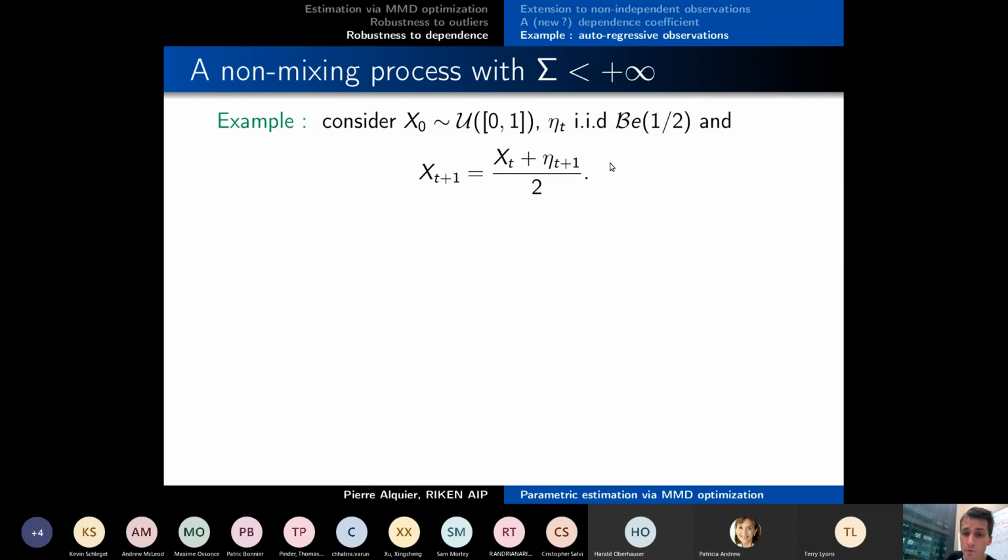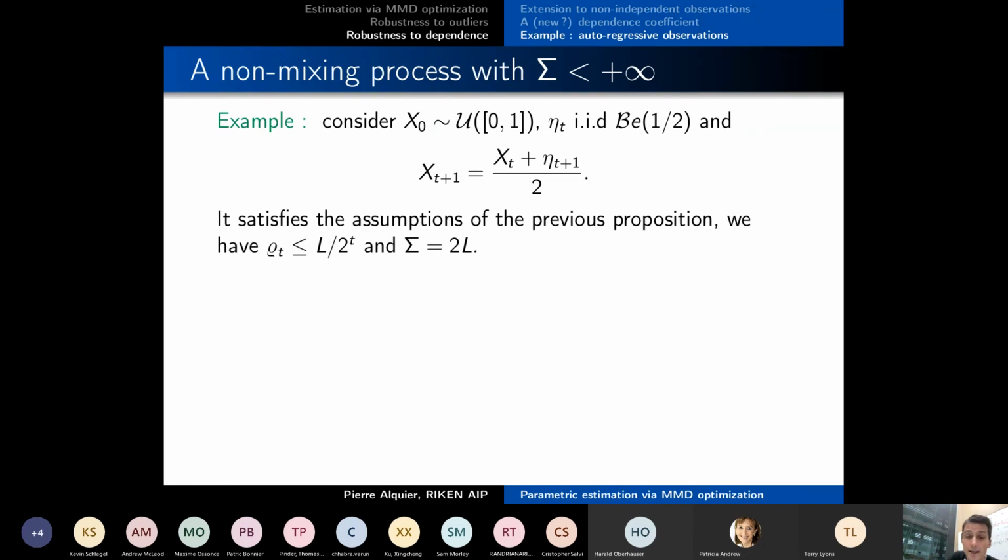This process is quite known because it's autoregressive, it's very simple, but usually it does not satisfy these mixing conditions. The reason is that if you see xt as a number written 0.0110, like the binary digit expansion of a real number between 0 and 1, each step of the process you just shift the expansion to the right and include a random digit between the dot and your expansion.